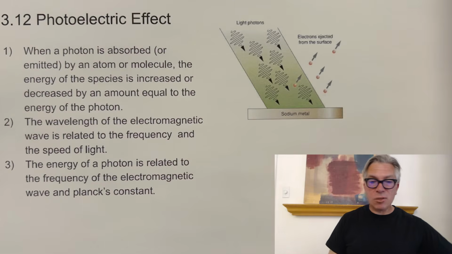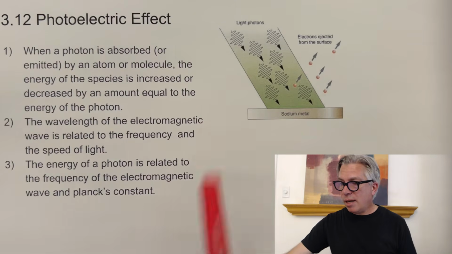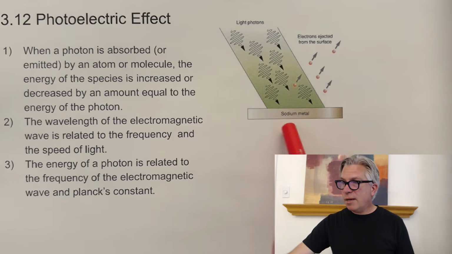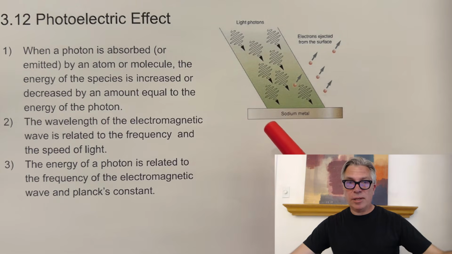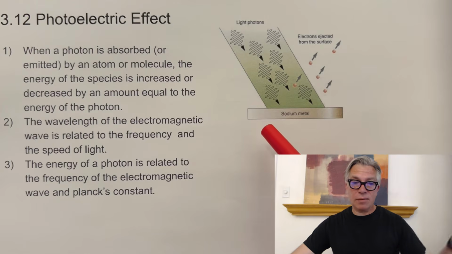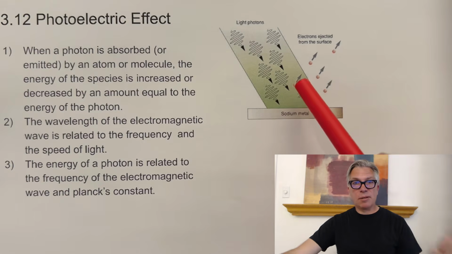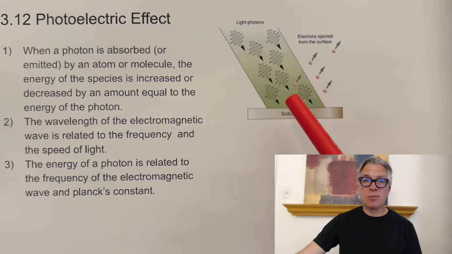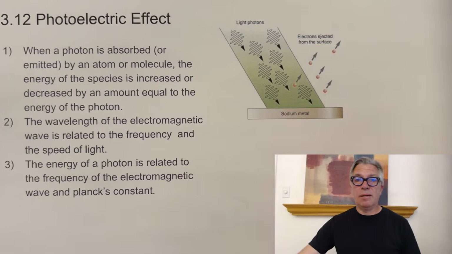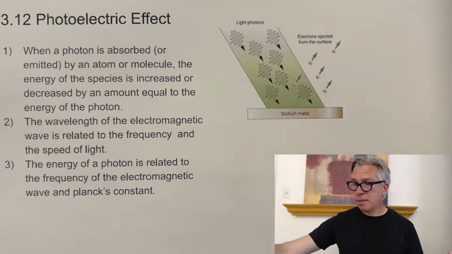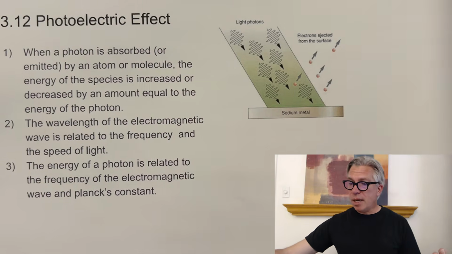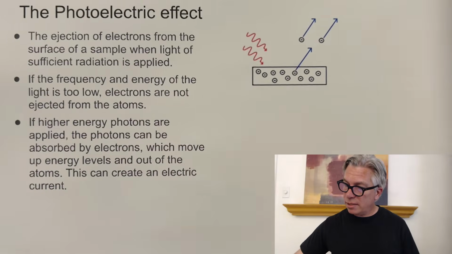And so the photoelectric effect is what happens when high energy photons hit a sample of matter and eject electrons out of it because you've now given them plenty of extra energy. And the electrons can then, because they're free electrons, start to produce an electric current, which is kind of a neat thing.